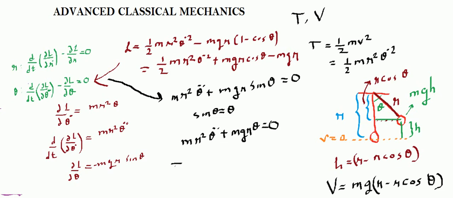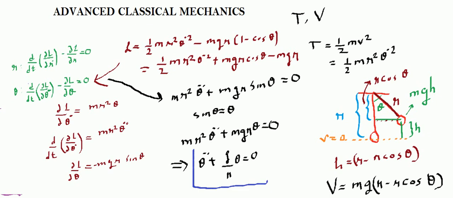I hope you remember what this equation is. This is the simple harmonic equation for the pendulum. So there will be theta double dot plus g by r theta equals 0. This is the SHM equation, the simple harmonic motion equation for a pendulum.